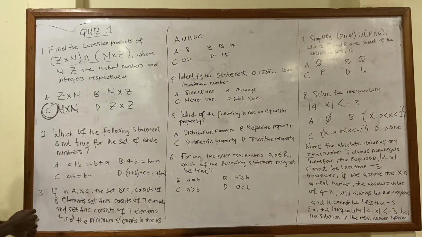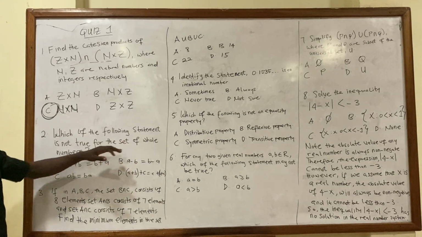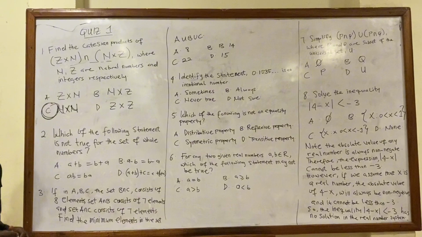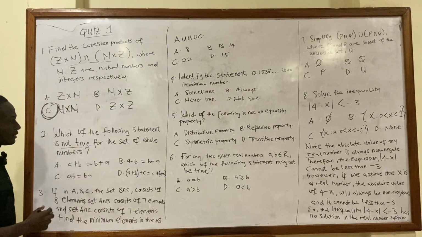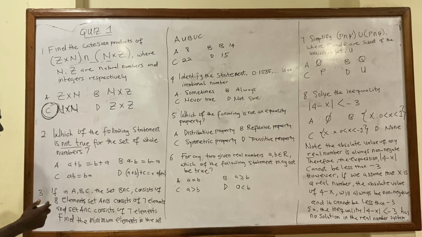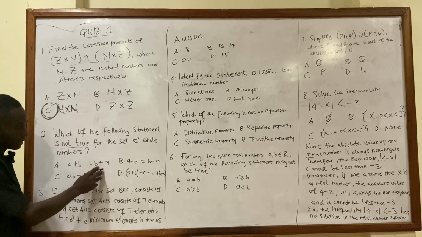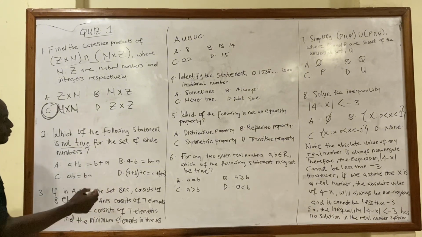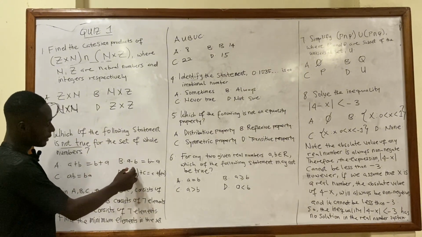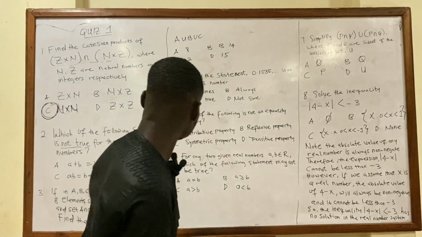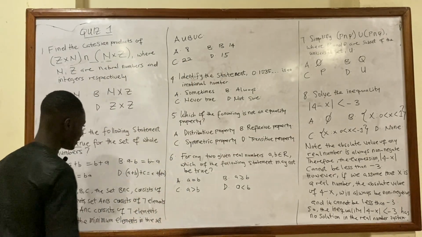And the next question is, which of the following statements is not true for the set of whole numbers? Our first option was a plus b can be equal to b plus a. And then a minus b can be equal to b minus a.